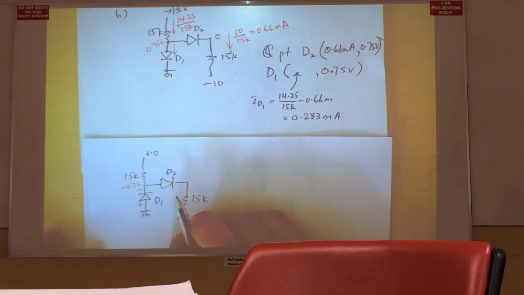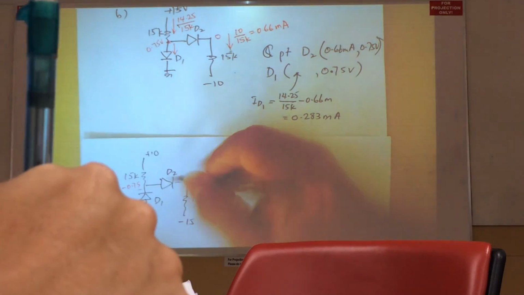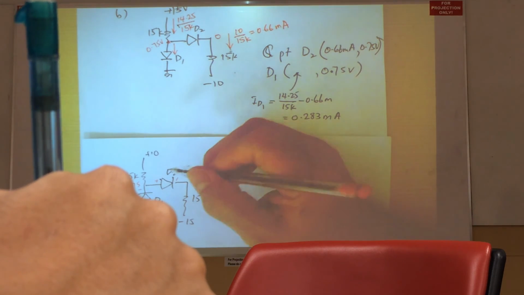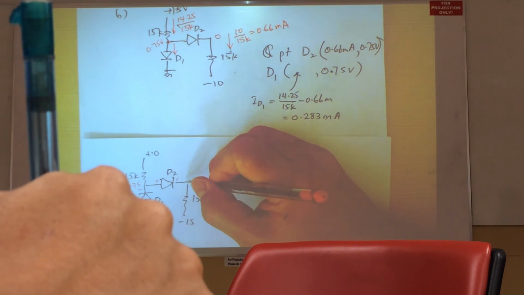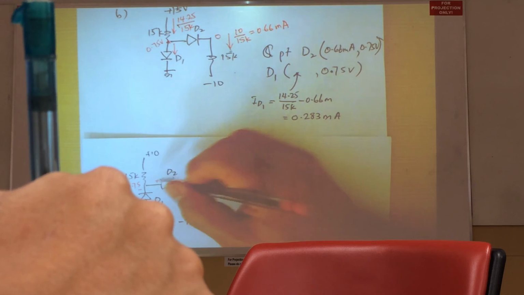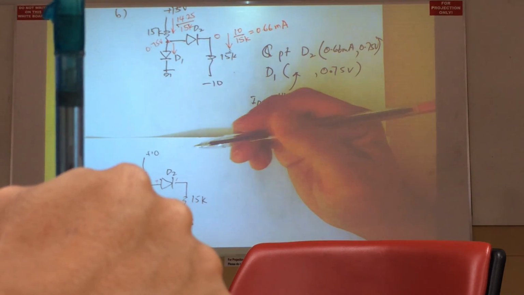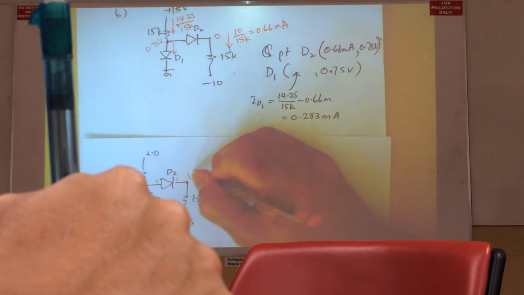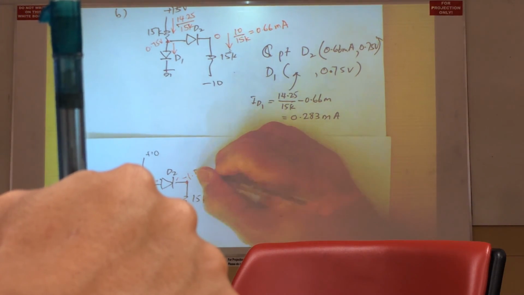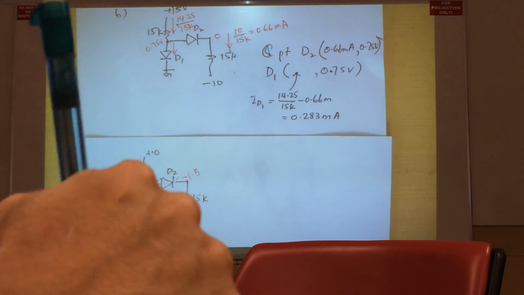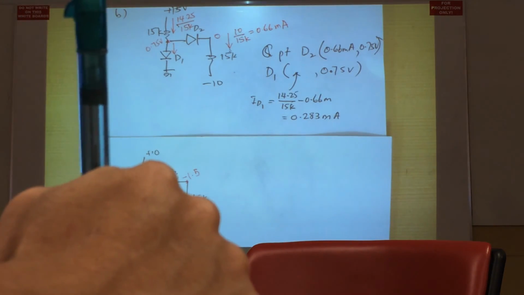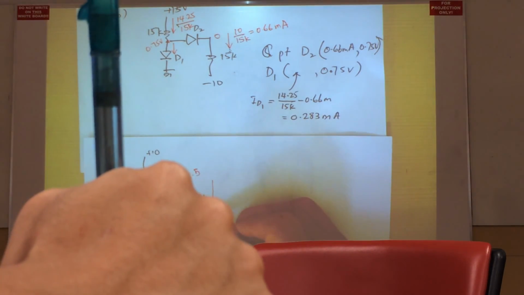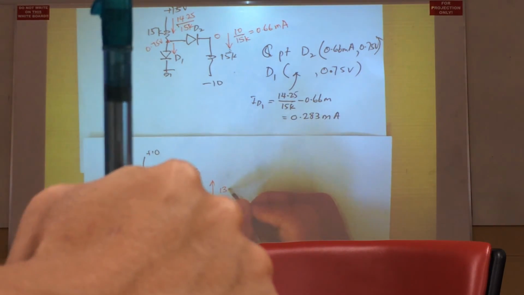And that also implies that if D2 is conducting, then the anode and cathode difference will still be 0.75, which implies that the voltage at the cathode will be more negative than the anode by another 0.75. That means that the voltage at this node is minus 1.5 volt. Alright? So if the voltage at that node is minus 0.75, then you have a total voltage drop here that is equal to 13.5 volt.